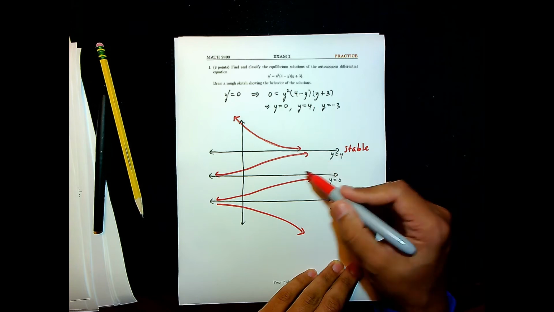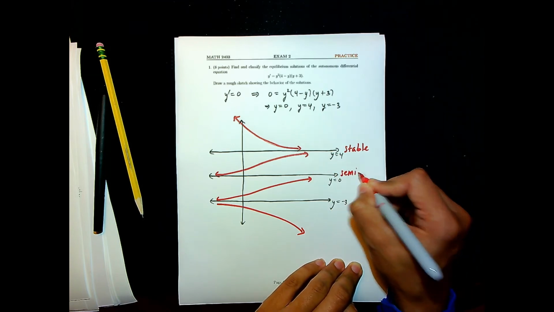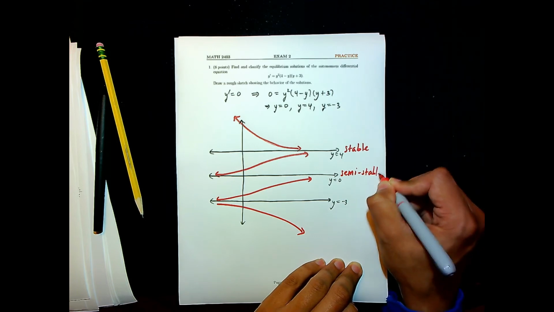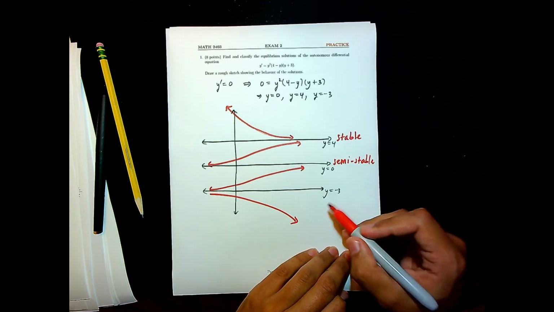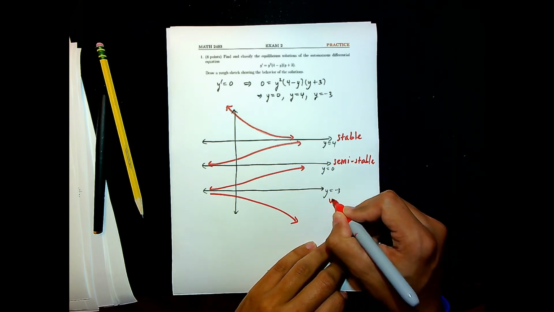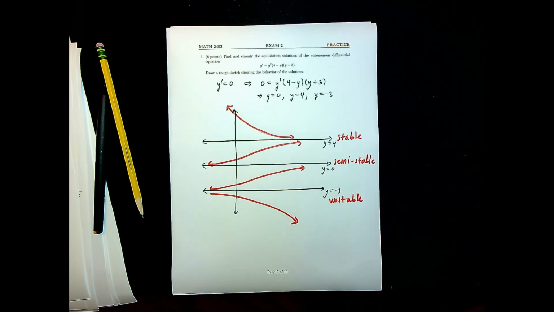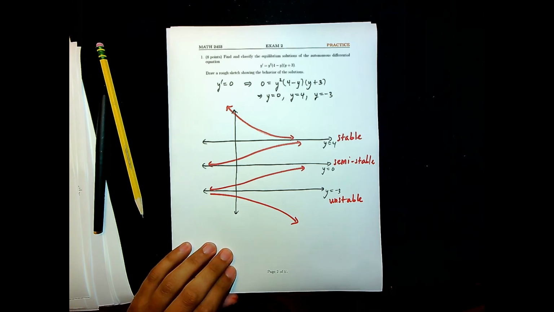From above, it goes away from it. So this is semi-stable. And lastly, this one, from both sides, solutions go away from it. So this is unstable, right? And that would be it. That is the solution for problem number 1.